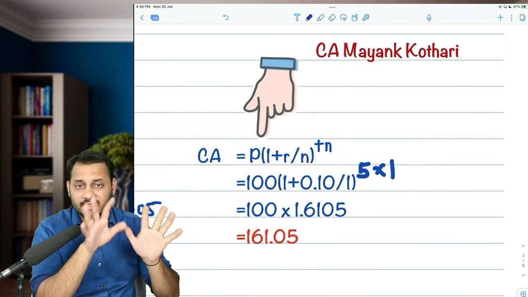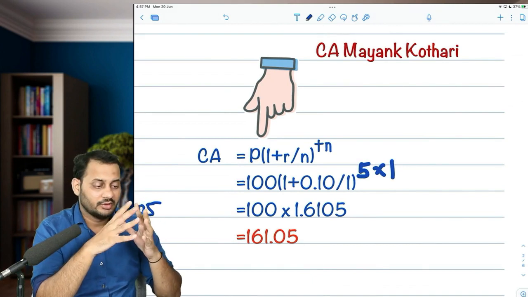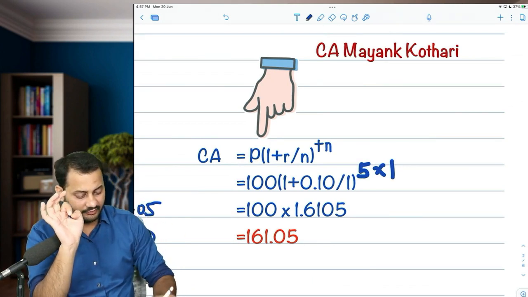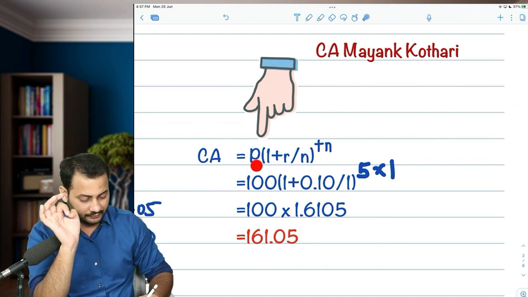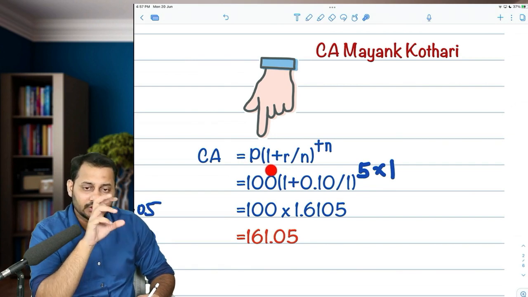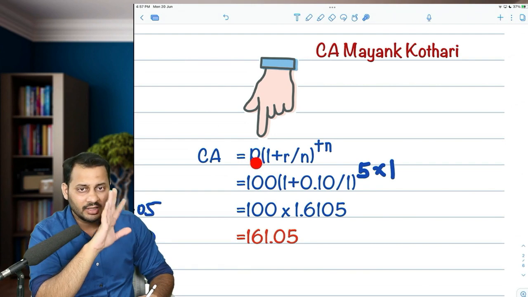Now, we will understand this formula. First of all, it is very clear to you that every year interest should be paid on the principal. That's why this 1 plus will help you. This one represents that you should get interest on the principal as well.